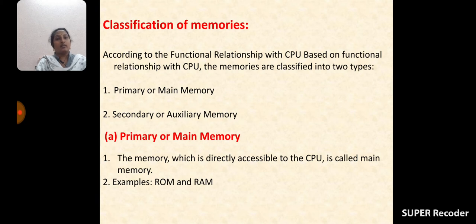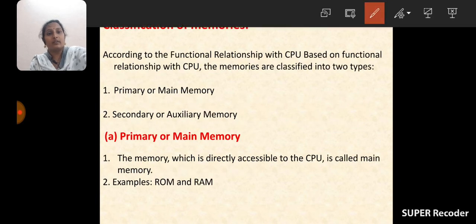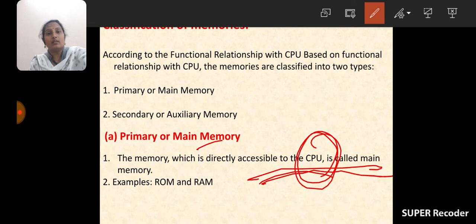Primary memory is directly accessible by the CPU. If it is directly accessed by the CPU, then it is called main memory.